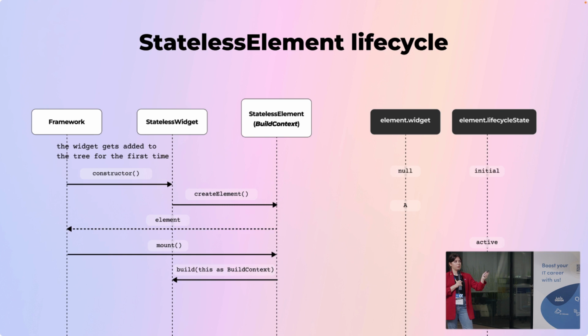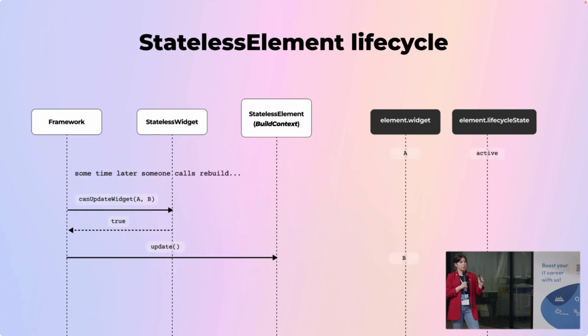It calls the mount method of the StatelessElement. This is when the lifecycle state changes from initial to active, and this is the first time when the build method is called and the first time you see your widget on the screen. So mount is the important method right here, because if you do anything before mount, then you will have problems.